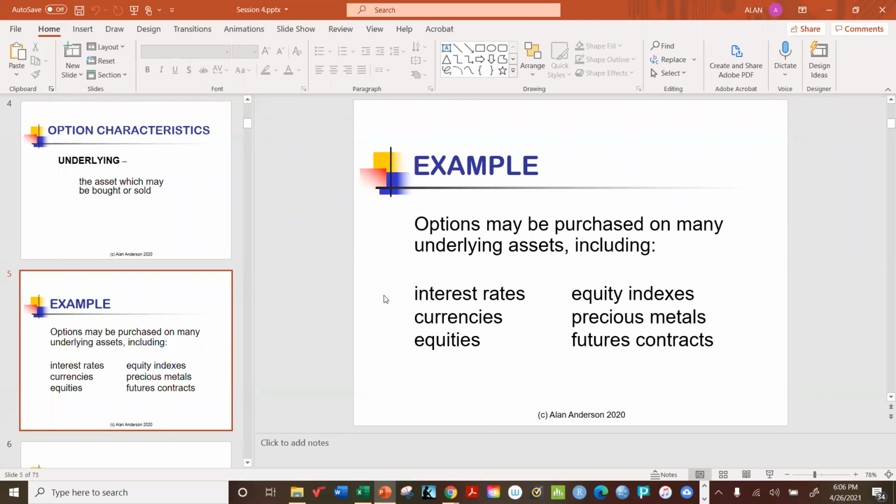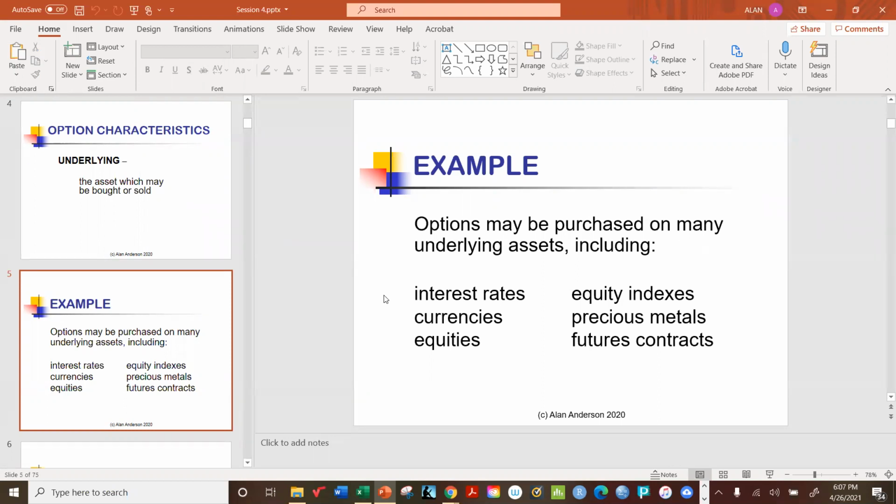And of course, they can also be bought on futures contracts. And if that happens, they're referred to as futures options. Futures options are more complicated, but very convenient, because when you have an option on a futures contract, what you're actually buying is the right to enter into a futures contract on some underlying security or asset.